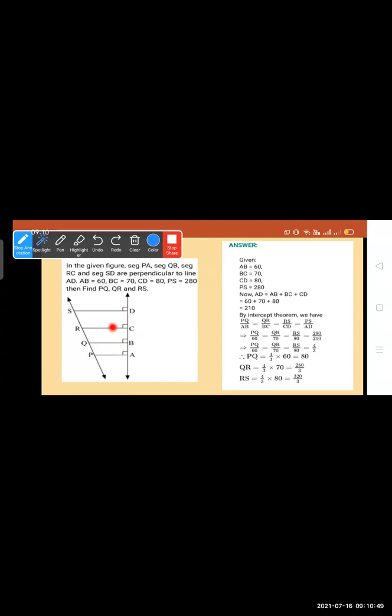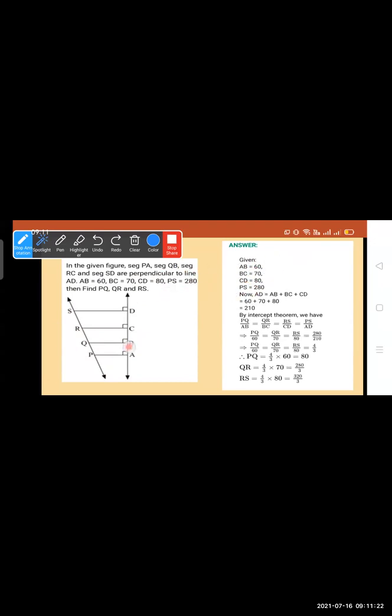Now the value of AB is given 60, BC is given 70, CD is given 80, and PS is given 280. Then find PQ, QR, and RS. One by one, first we write the given values here. AB is 60, BC is 70, CD is 80, PS is 280.